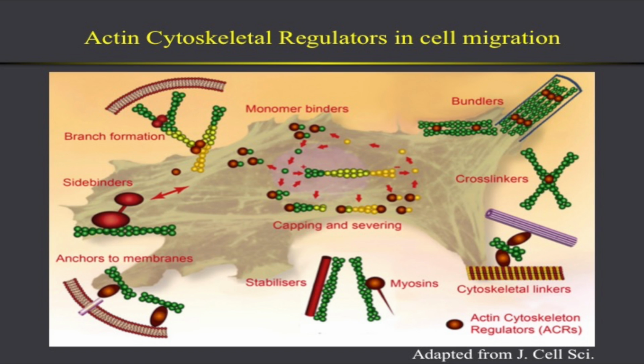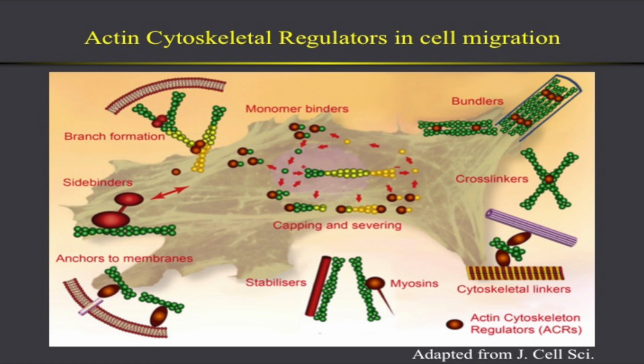Here is just a diagram showing many different actin cytoskeleton regulators that are involved in different actin behaviors and processes. For example, there's ARP2/3 and many others that are involved in the branching of the actin filaments, and this is involved in lamellipodia-type protrusion formation.